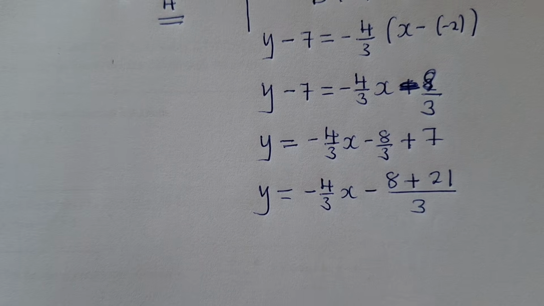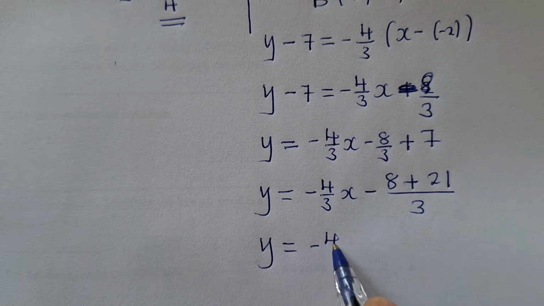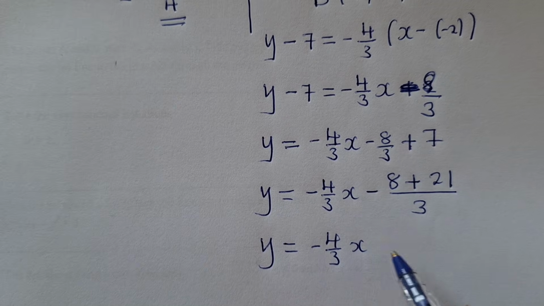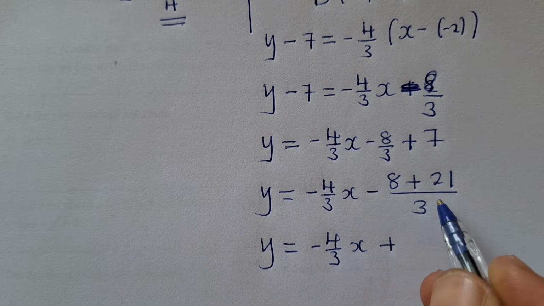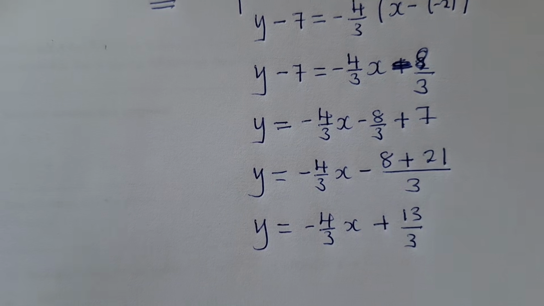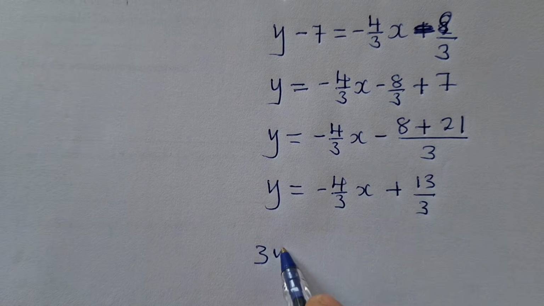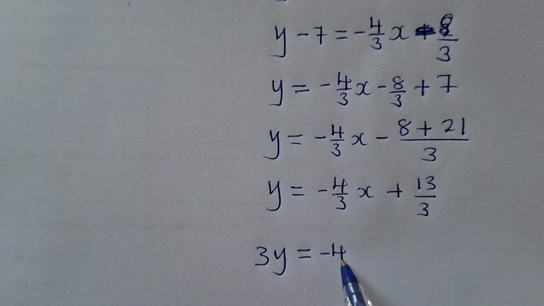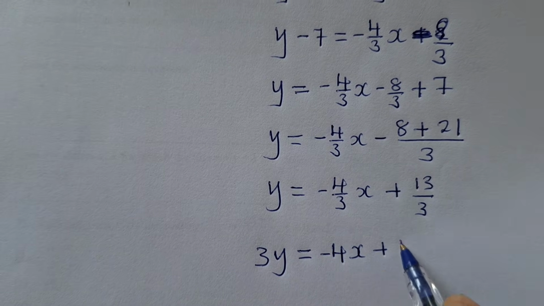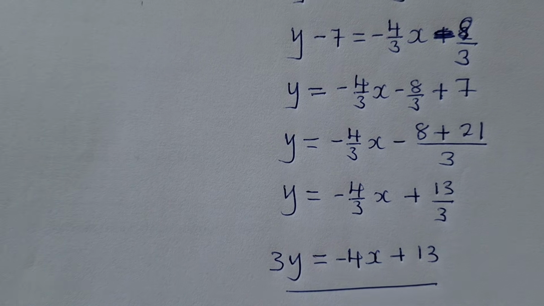Okay, so just add this fraction by this. Y will be equal to -4 over 3 x plus, here when we subtract, it will be 13 over 3. And our final answer will be either this or 3y is equal to negative 4x plus 13. This is our answer for question 1.